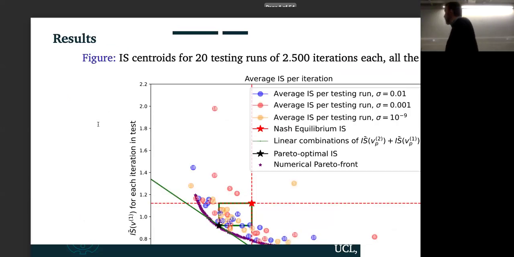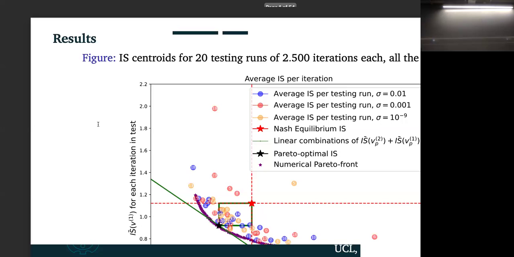That's the figure. I told you that we did 20 rounds of 2,500 iterations each. So we will have in the testing phase, I'm going to show you in the next block, for each testing run, 2,500 points. We take the centroid of these 2,500 points in the plane. In the plane, we have the implementation shortfall of agent 2 versus the implementation shortfall of agent 1.